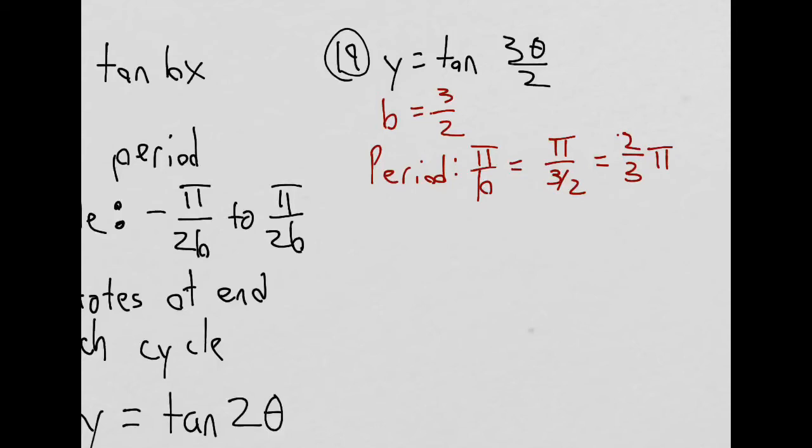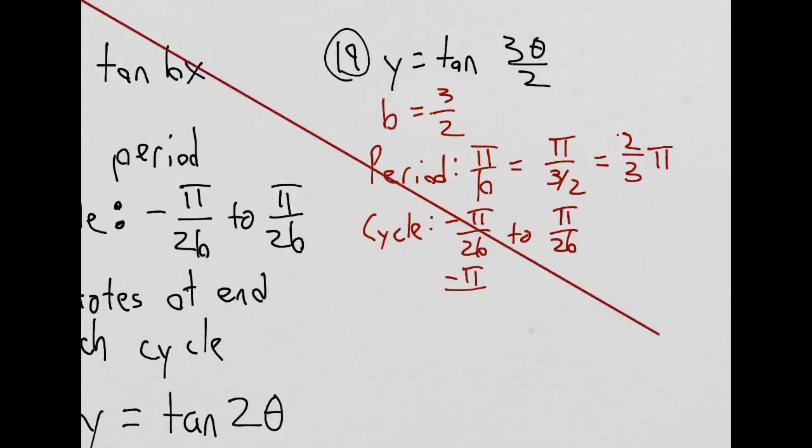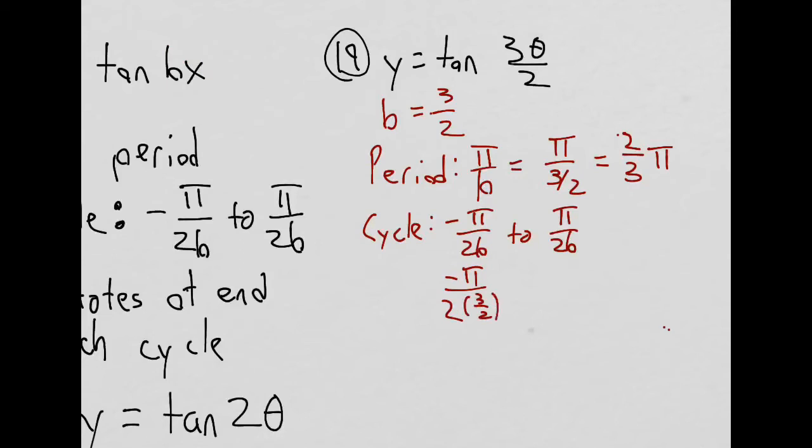And then 2 asymptotes, basically you can get where your cycles are. So your first cycle, remember, is always negative pi over 2b to pi over 2b. And basically you just plug in. So you get negative pi over 2 times 3 over 2, and the other one, it's always going to be symmetric like this, pi over 2 times 3 over 2.